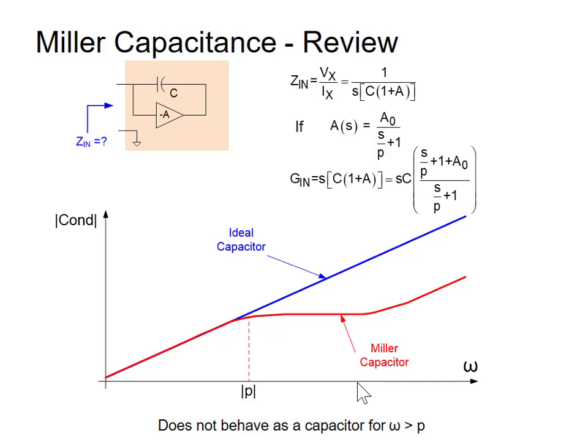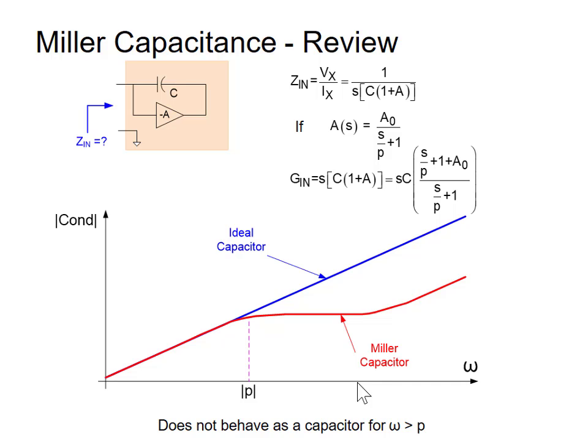So here's what really happens. An ideal capacitor will have a conductance that increases linearly with frequency. In this case I have a logarithmic axis. If you look at the Miller capacitor, at low frequencies the gain is constant. So the Miller capacitance input impedance looks like you want.